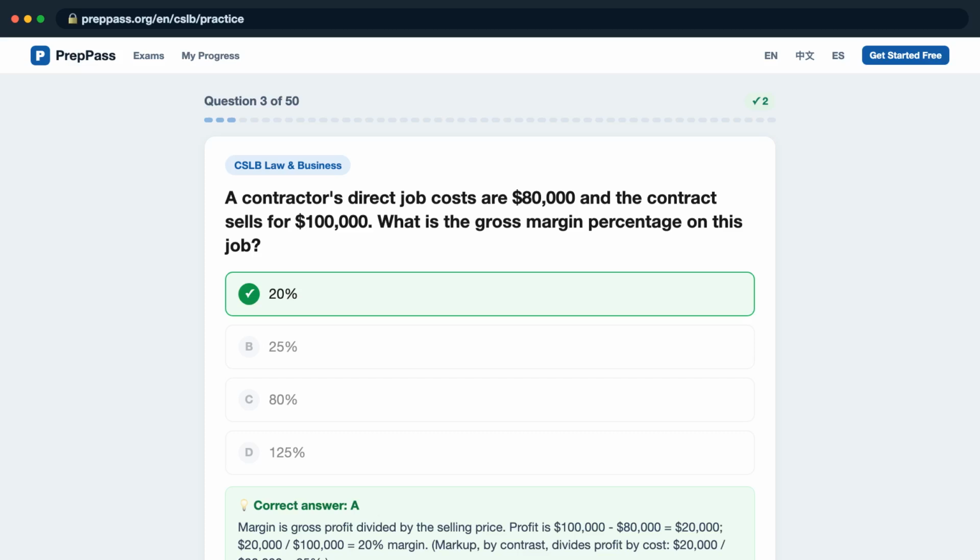The correct answer is A. Margin is gross profit divided by the selling price. Profit is $100,000 minus $80,000 equals $20,000. $20,000/$100,000 equals 20% margin. Markup, by contrast, divides profit by cost. $20,000/$80,000 equals 25%.